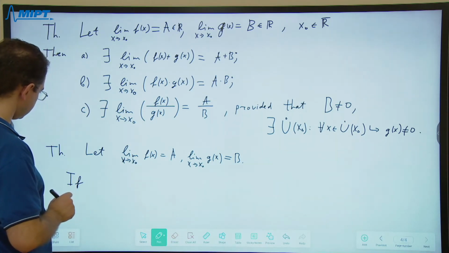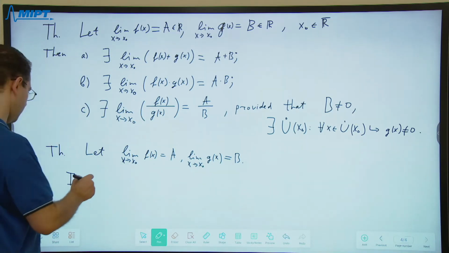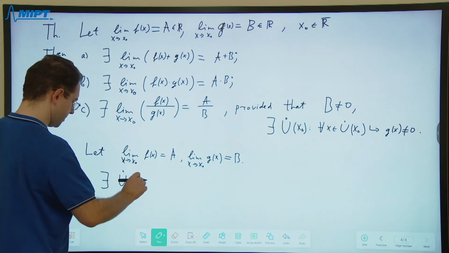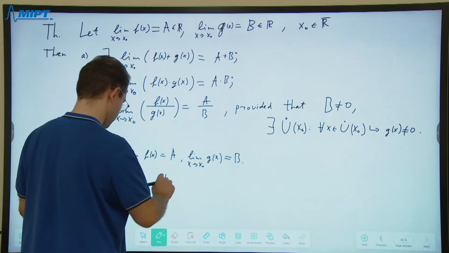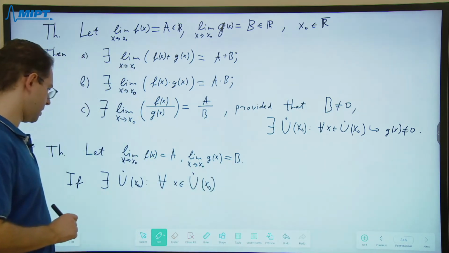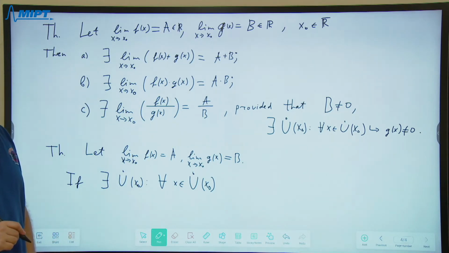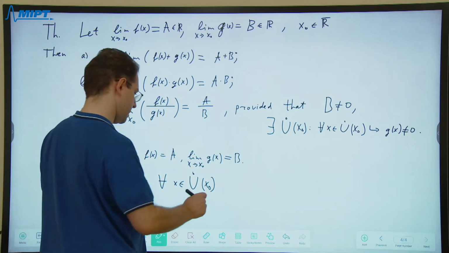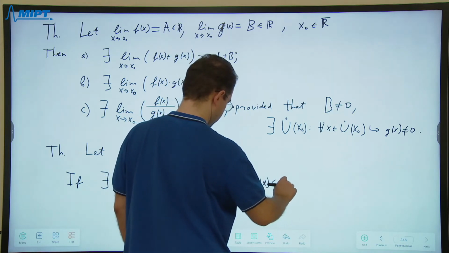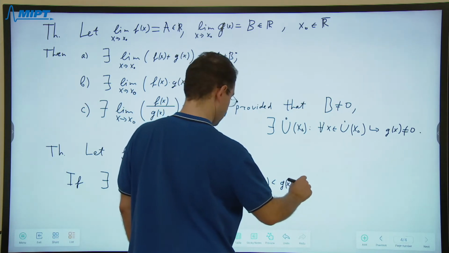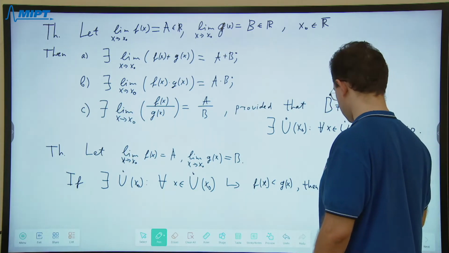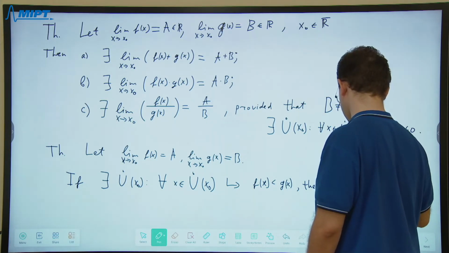If there exists a deleted neighborhood of x0 such that for any x from this deleted neighborhood f of x is less than g of x, then a is less or equal than b.